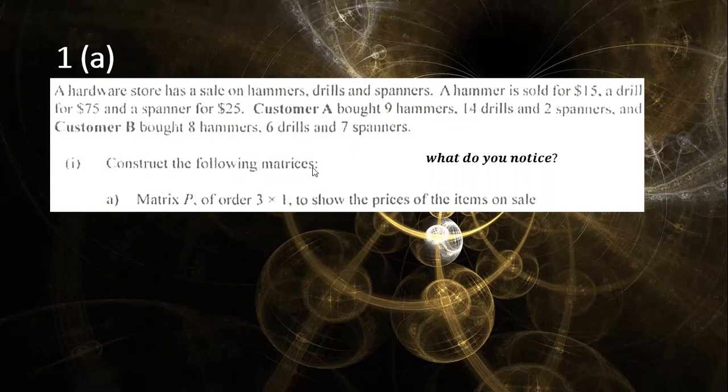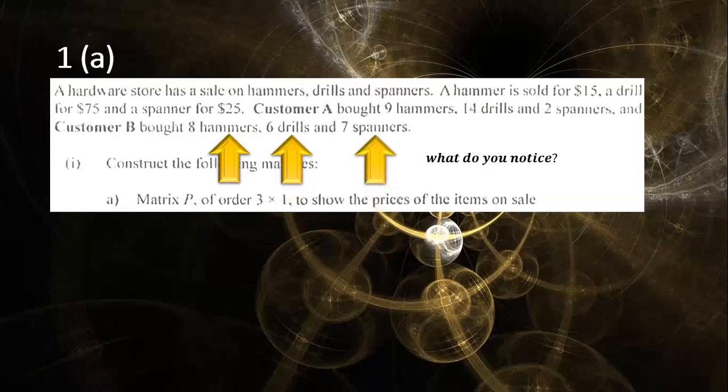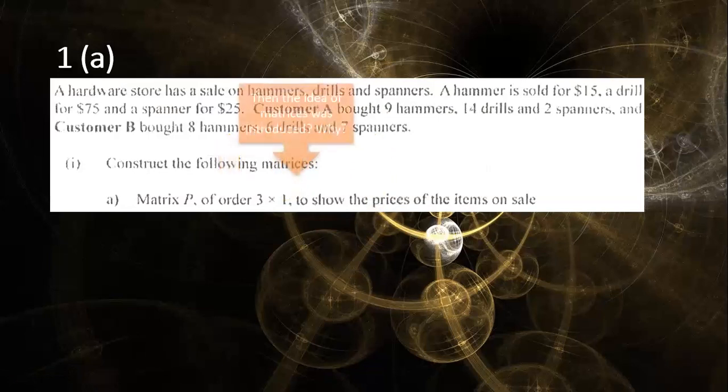Well, when I read through the question, I realized that there were hammers, drills, and spanners in a particular order. A hammer, a drill, and a spanner. And then again, hammers, drills, spanners. Again, hammers, drills, and spanners.